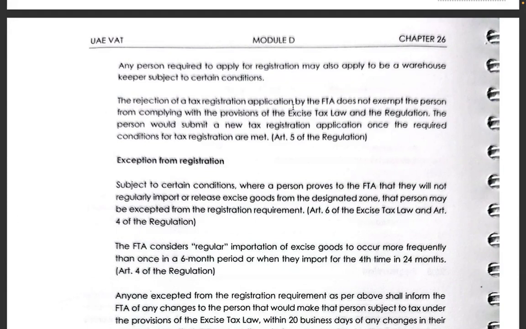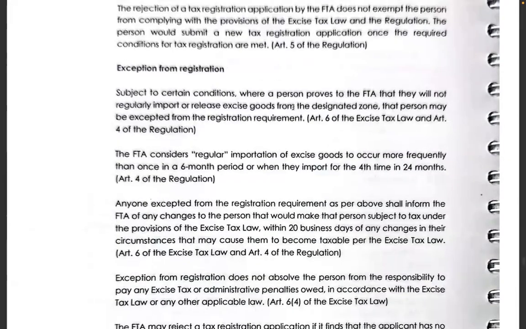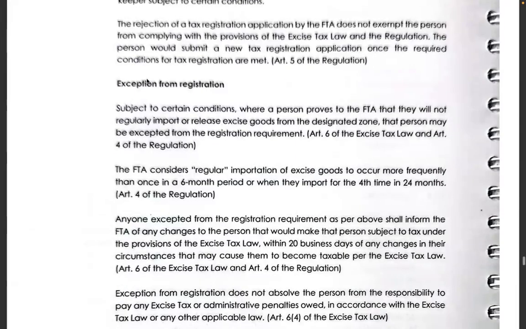So if a person does not comply, FTA may reject the application, but that does not mean that the person is now not required to get registered. The person is still required to get registered. That person has to make good on the deficiencies because of which his application was declined or rejected, and apply again until that person gets registered.